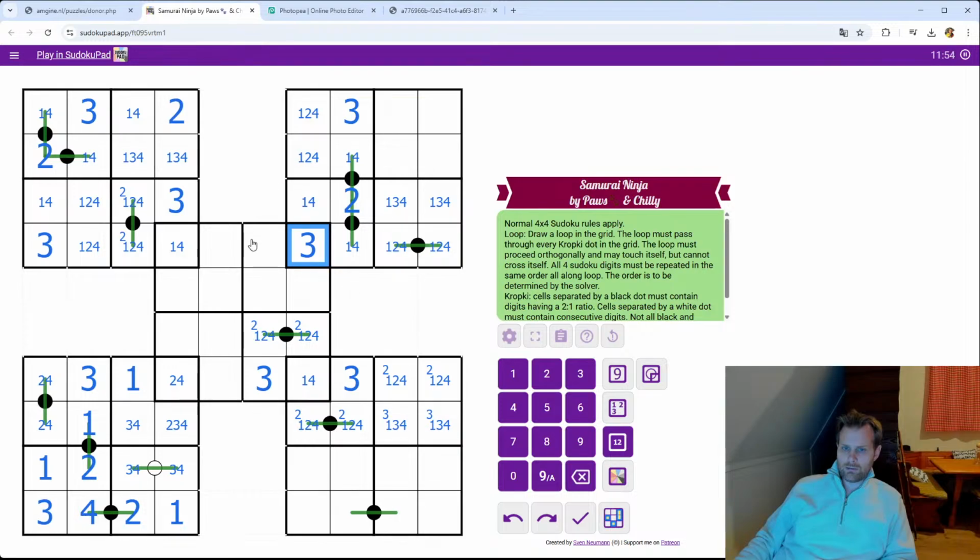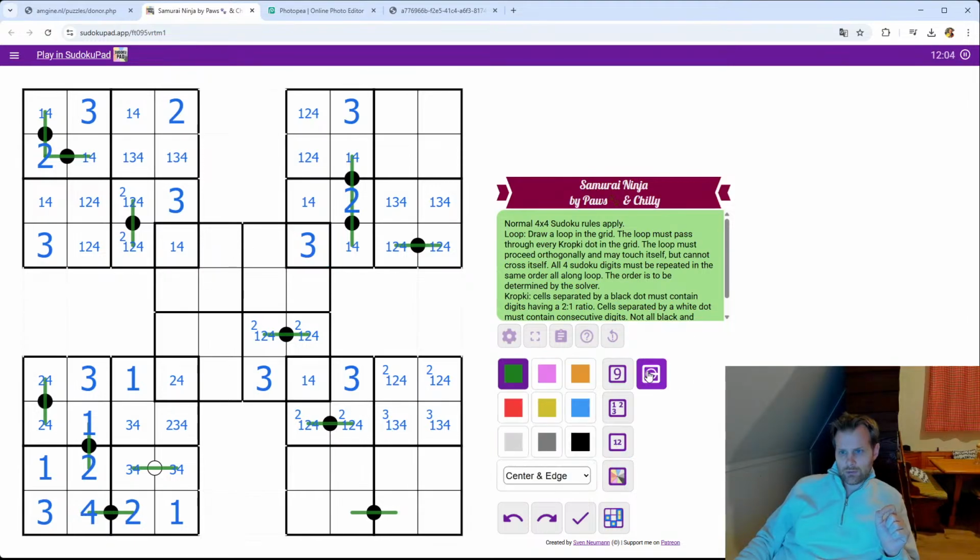Because somehow it all... So yeah, the point is, it's a loop. So the loop must go like this everywhere.